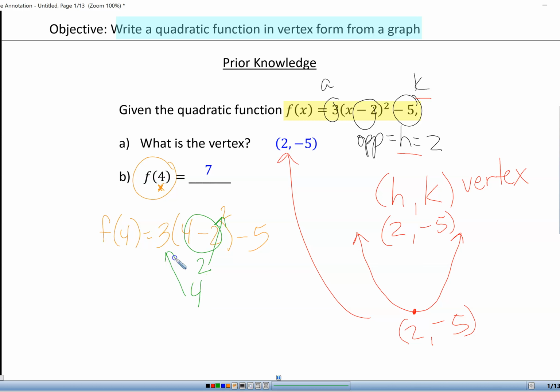Then we do the multiplication, 4 times 3 is 12. And then we do the subtraction that was outside those parentheses, giving us that final value of 7. And that's a y value. Together, the 4 and the 7 are an x and a y. They are a point that is on the parabola. So understanding how all of that fits together is going to make today's problems very easy for you to finish.